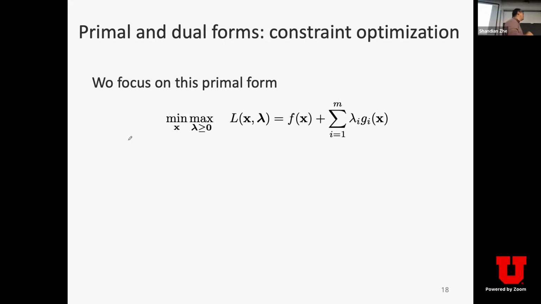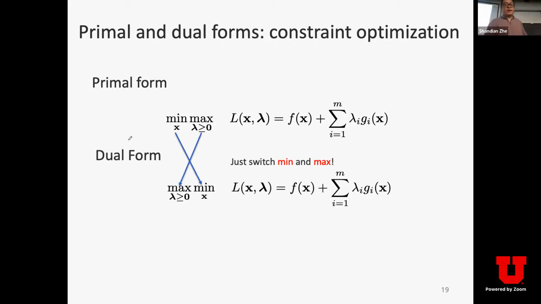This is called the primal form. If we switch the order of max and min, namely we first do the inner minimization of the Lagrange function with respect to x, then at the outer level we maximize the Lagrange function with respect to non-negative lambda, then it is called the dual form. So you can see the only difference is the order of min and max.